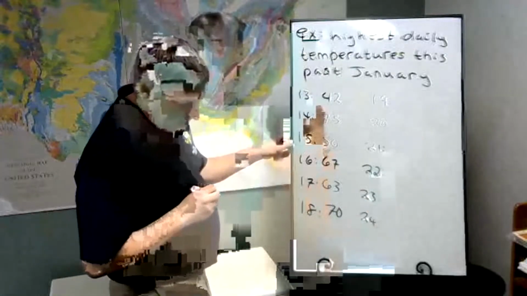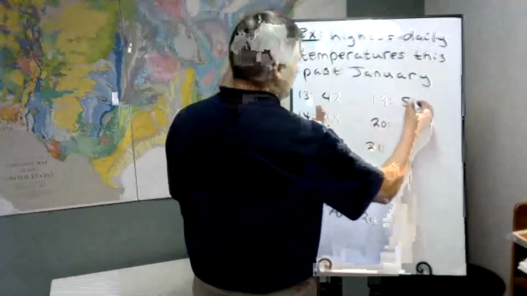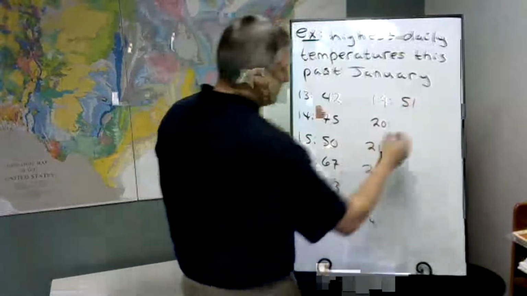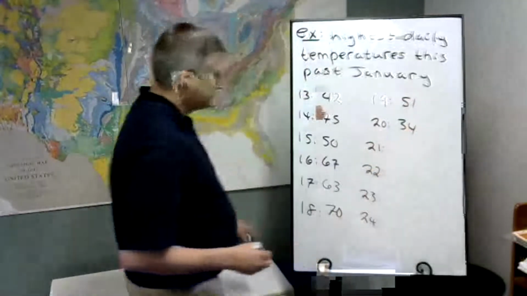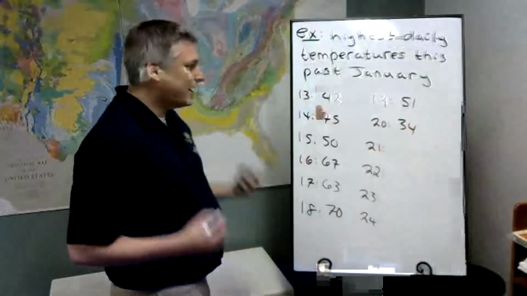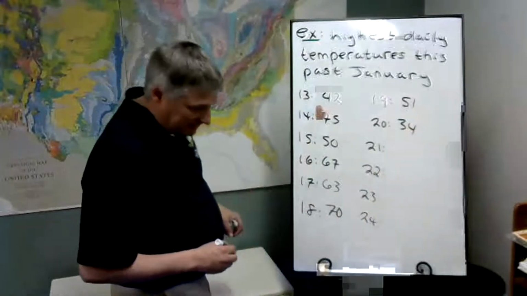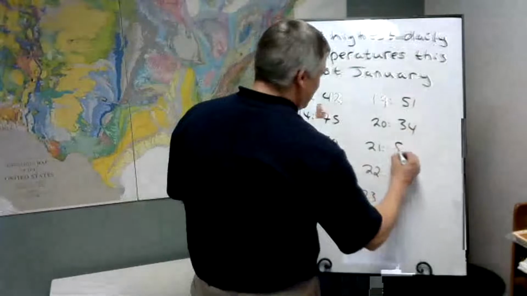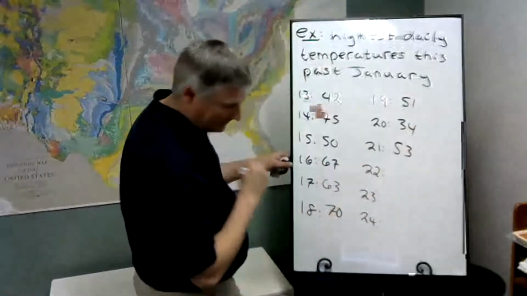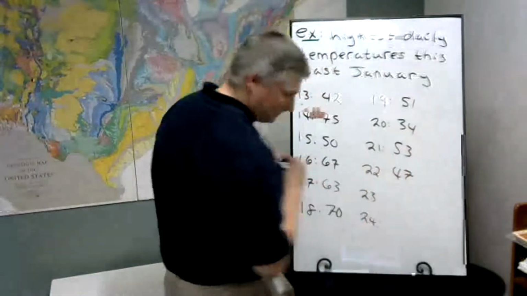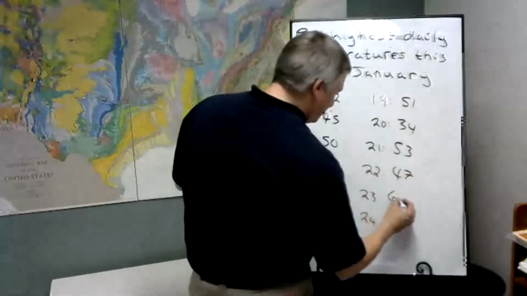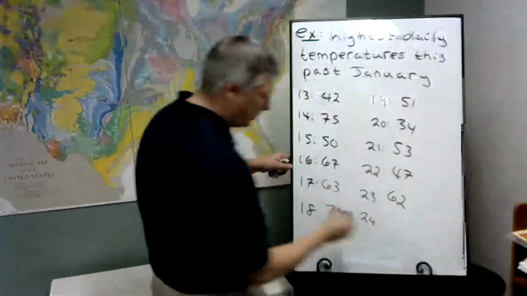So let's see, on the 19th, 51. On the 20th, 34. So you got 75 and 34 as high temperatures in the same month. All right. 53, 47, 62, 24.